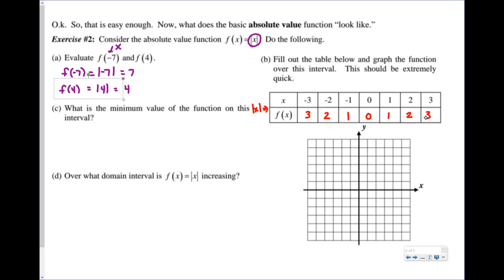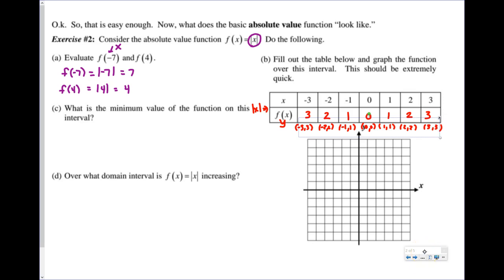We're plugging something in and finding our table. So very quickly I found my x's and my f of x, remembering that f of x is another fancy way to say y, and with this table I've created a set of coordinates: -3, 3; -2, 2; -1, 1; 0, 0; 1, 1; 2, 2; and 3, 3. Remember, a table creates coordinates.